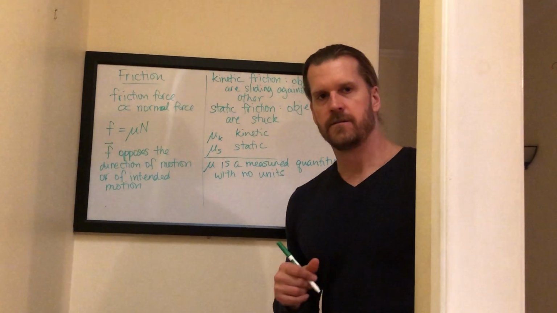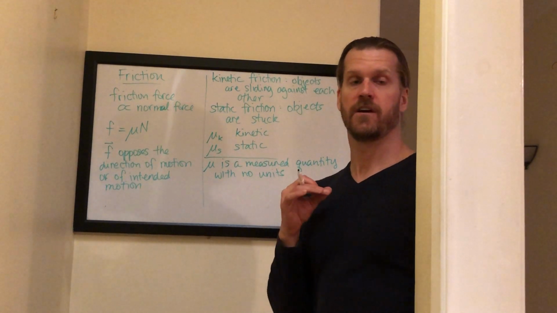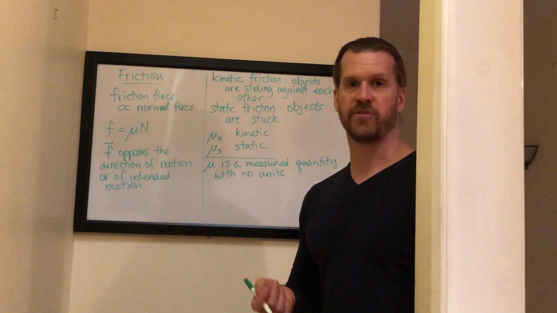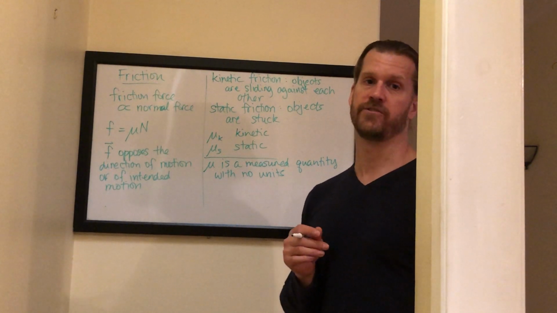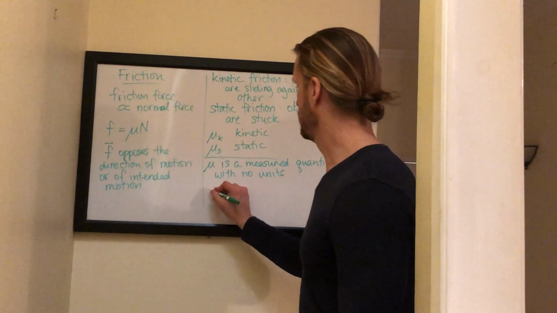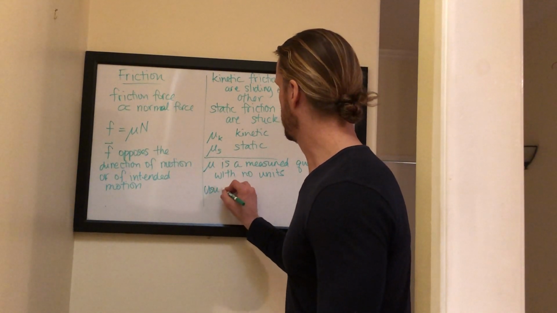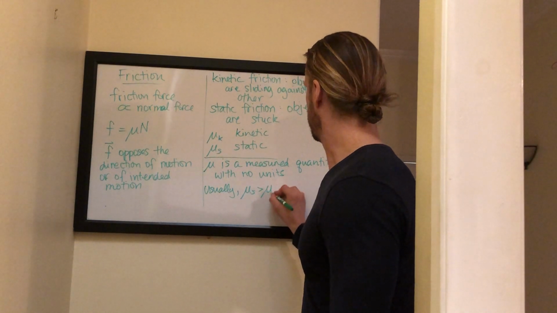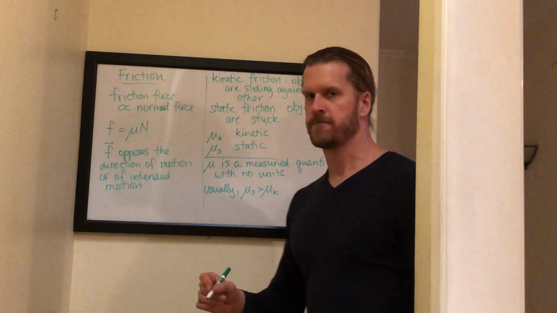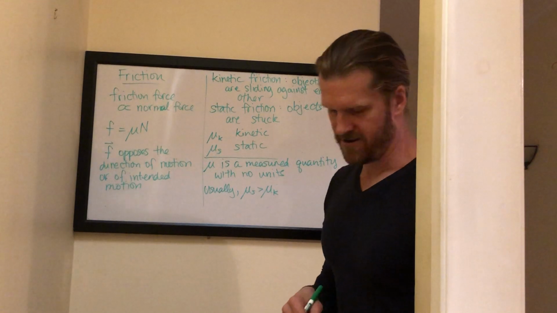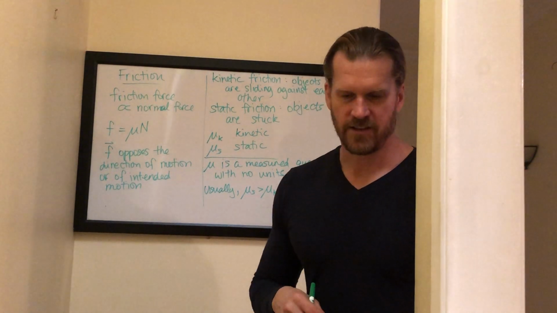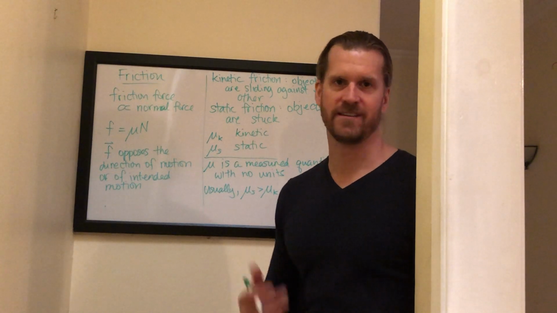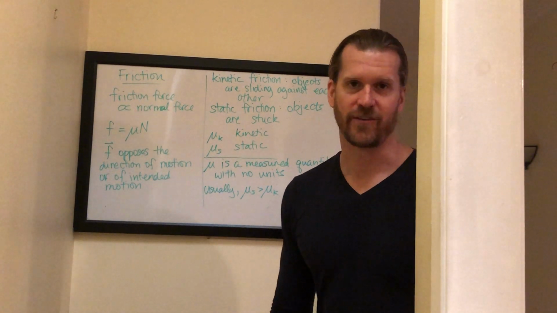And generally, for most situations, the coefficient of static friction for a given set of materials is greater than the coefficient of kinetic friction. You can think about this like if you've ever moved furniture around. So you're trying to push a heavy couch or a bed or a dresser or something.